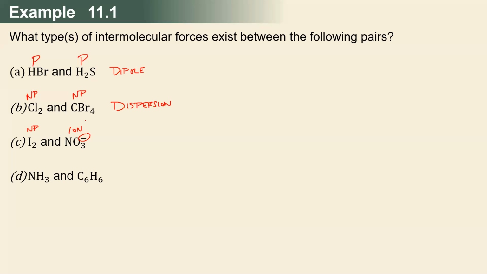What kind of interaction is this? We have ion-dipole between an ion and a polar molecule. This is an ion and a nonpolar molecule, so it doesn't have dipole interactions. What kind of interactions does it have?